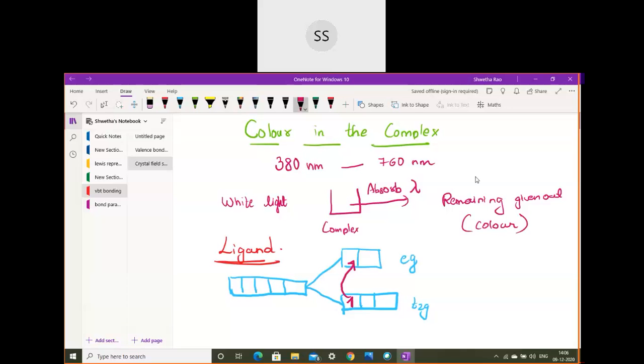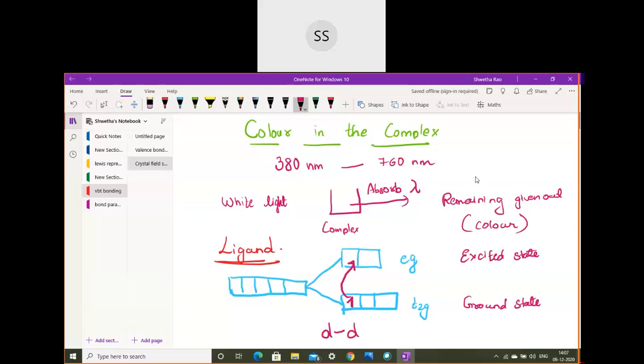So in the presence of the ligand, there is splitting of the d orbitals. The lower energy state becomes the ground state and the higher energy state is the excited state. The electron takes a certain amount of energy from the ground state and goes to the excited state. Since this transition happens between the d orbitals themselves, it is called a d-d transition.